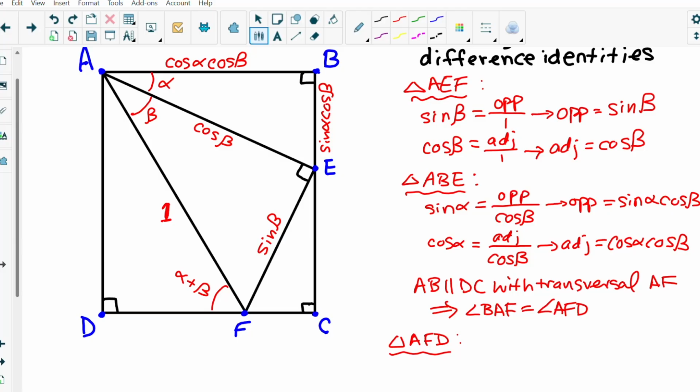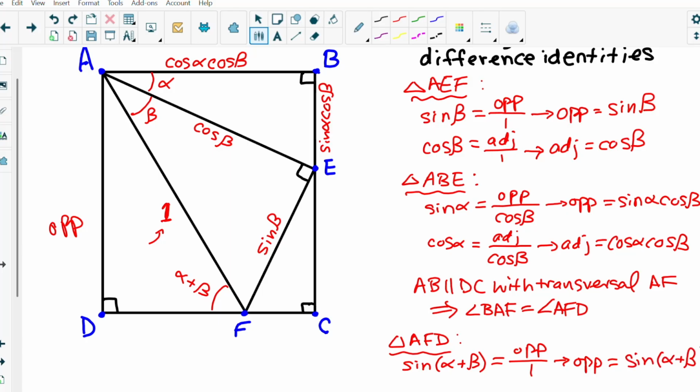Let me do the sine and cosine ratios of this triangle. So sine of alpha plus beta equals, well, I want this opposite side. So that's opposite divided by the hypotenuse, which is 1. So this tells me that the opposite side equals sine of alpha plus beta.